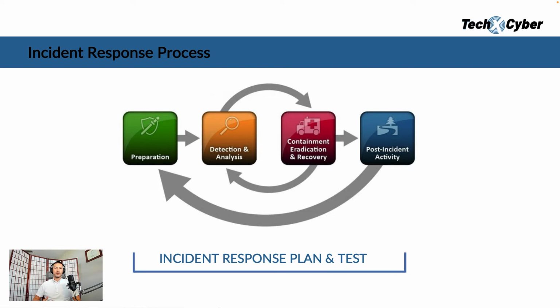We need to make sure that individuals are assigned tasks, they know what they're responsible for, they know who to call and contact, and that there's open lines of communication. We need some technical playbooks to follow when things go wrong so that we can make sure we recover properly and that we eradicate the situation that's happening currently so that we can return to normal business operations. So preparation is your first step. We need to do that through the documentation.